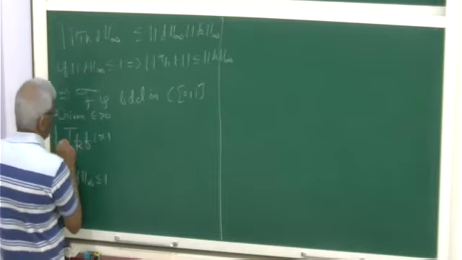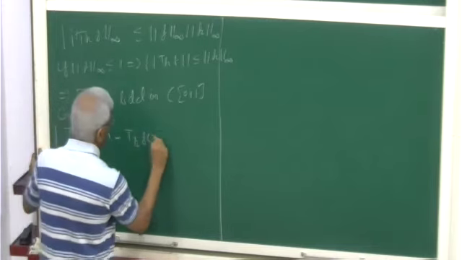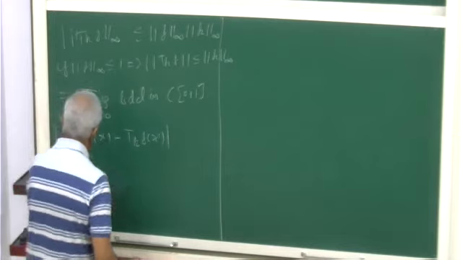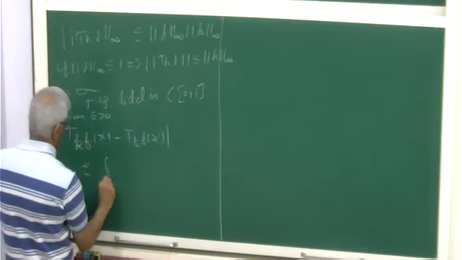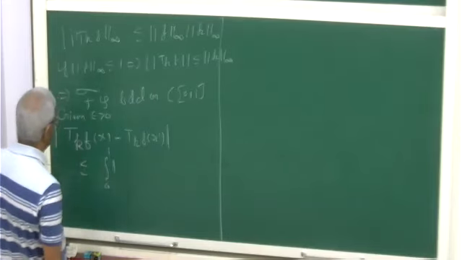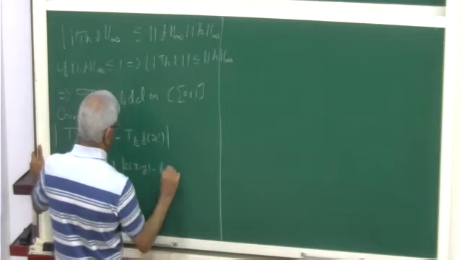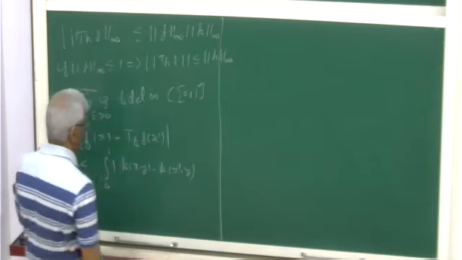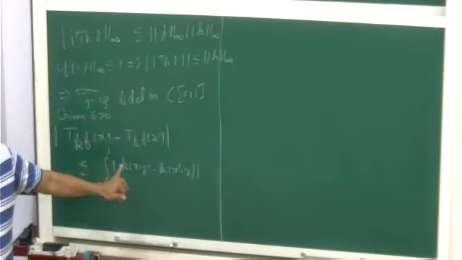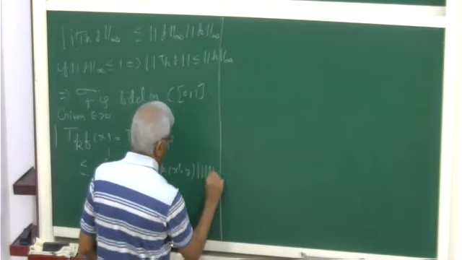Tkf(x) minus Tkf(x prime), there is an x prime because y will be there in the integral. Let me write this: it is less than or equal to the integral from 0 to 1, taking it inside the modulus, of k(x,y) minus k(x prime,y), times f(y). Norm f infinity you can take; this is less than or equal to norm f infinity, which is less than or equal to 1.